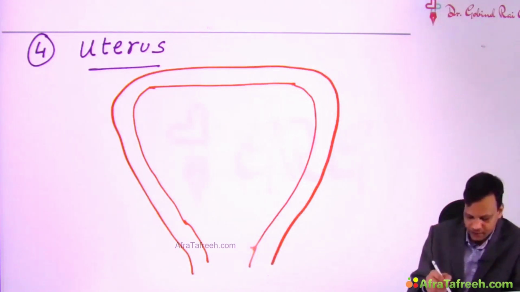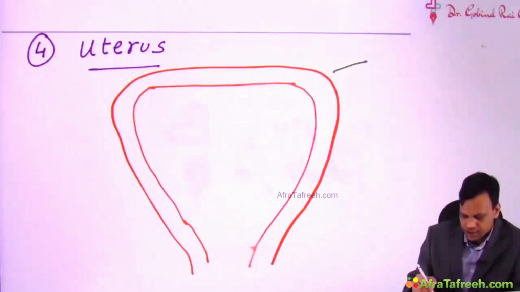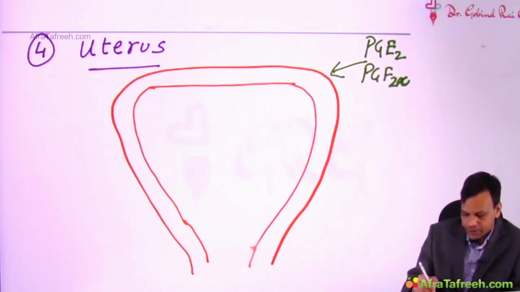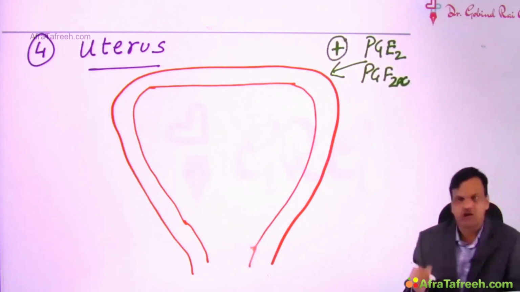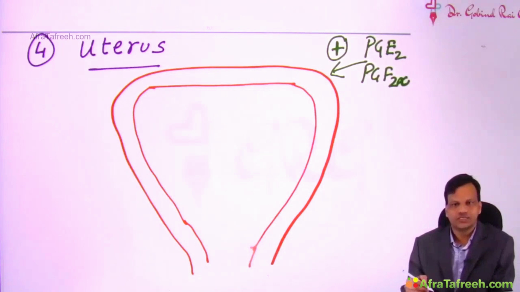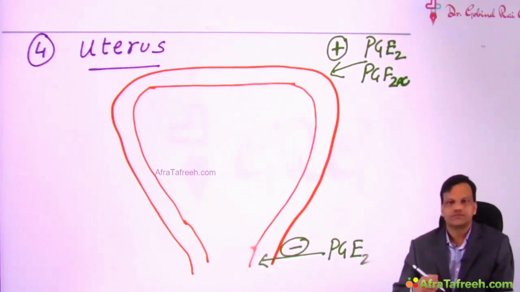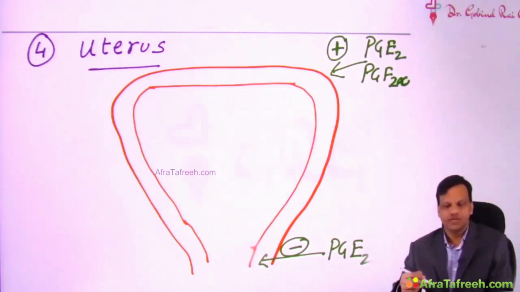The upper segment of the uterus is stimulated by PGE2 and PGF2 alpha. PGE2 and PGF2 alpha contract the upper part of the uterus, whereas prostaglandin E2 relaxes the lower segment of the uterus. Upper segment is contracted but lower is relaxed by PGE2.